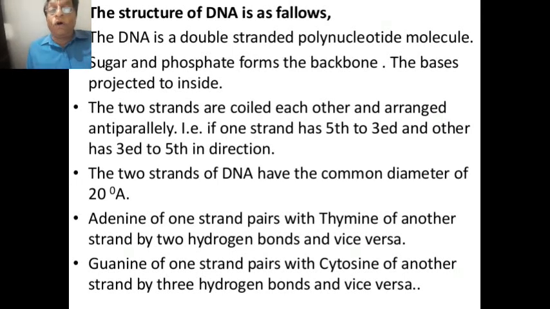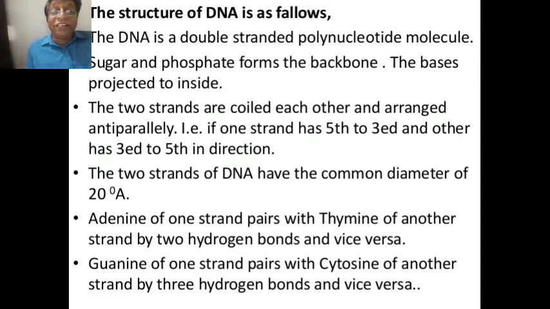The ratio of A plus T over G plus C always remains constant. Another feature, as I already told you, it is a right-handed helix and takes one complete turn at every 34 angstroms, which contains 10 nucleotides.